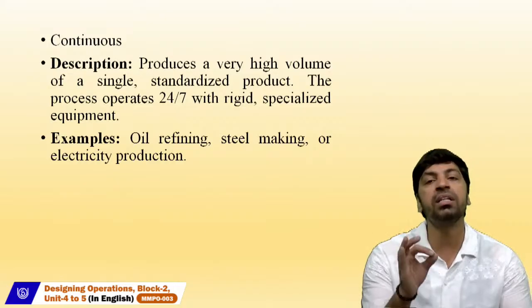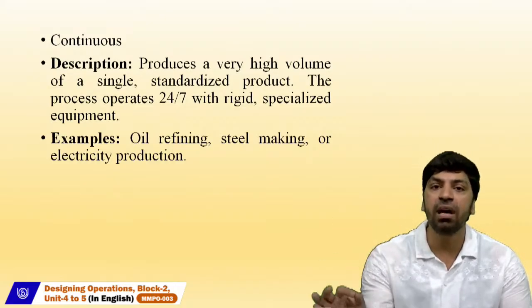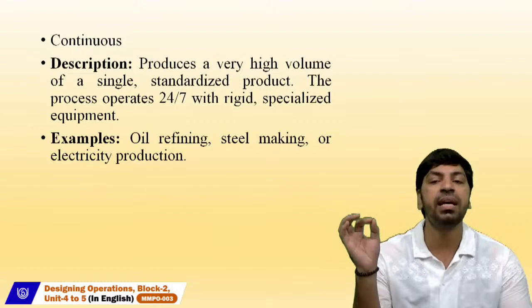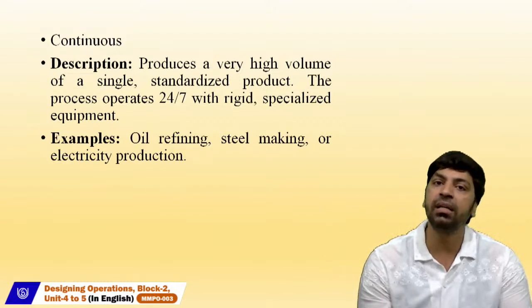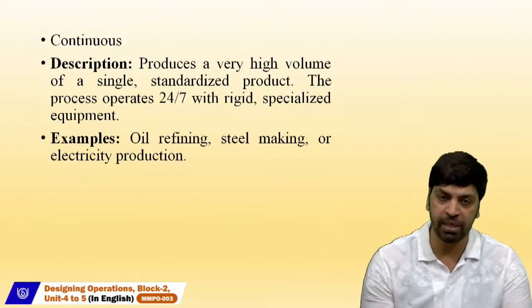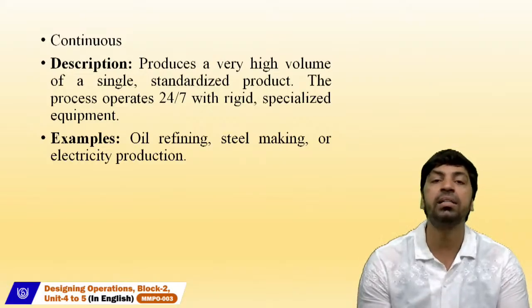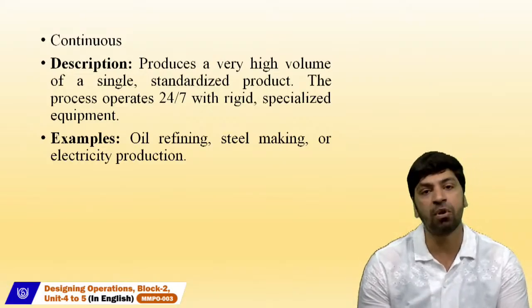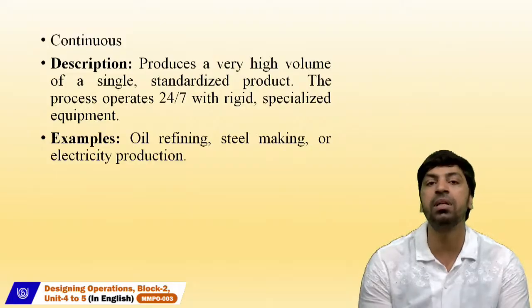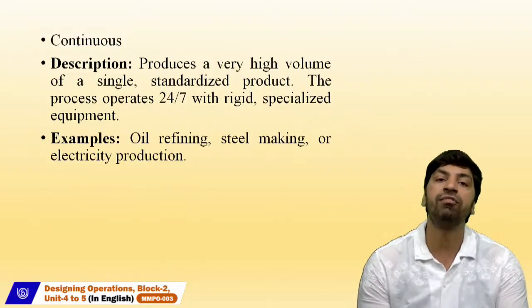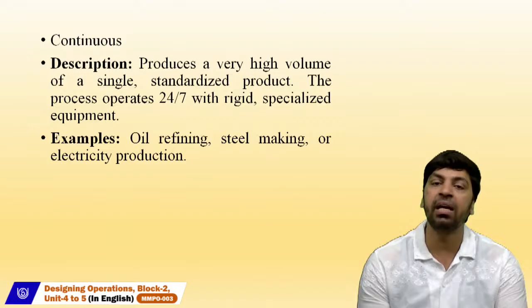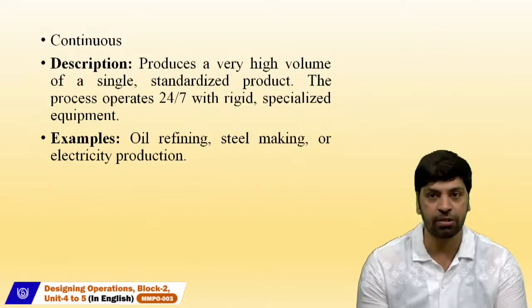It's a 24-hour service, seven days a week, with highly specialized equipment, and that's why it's called a continuous process. A few examples are oil refining, steel making, and electricity production.